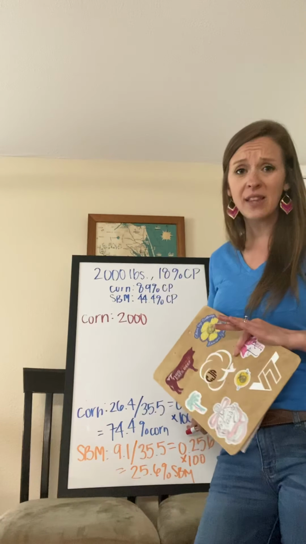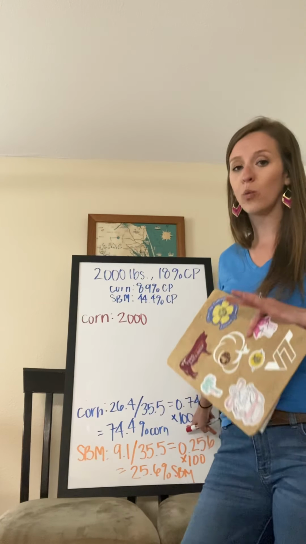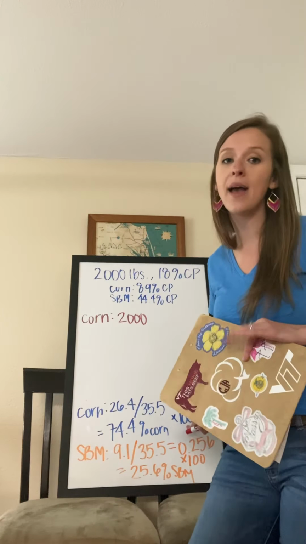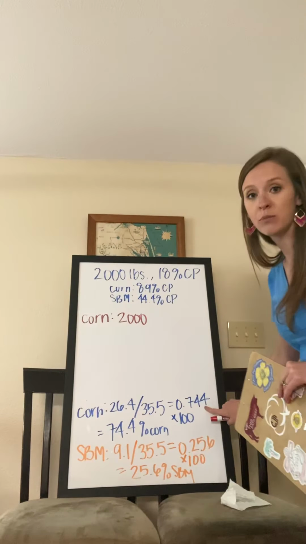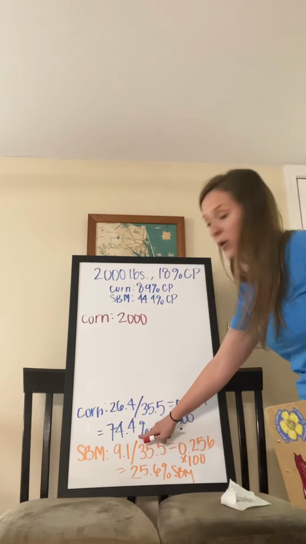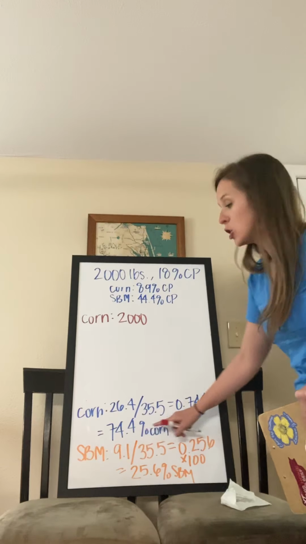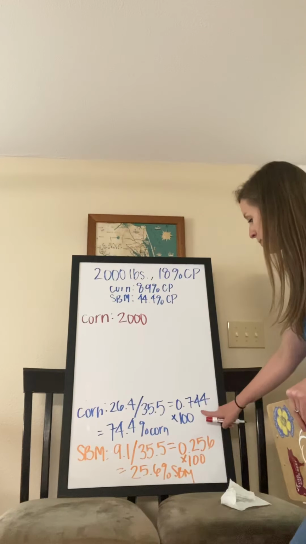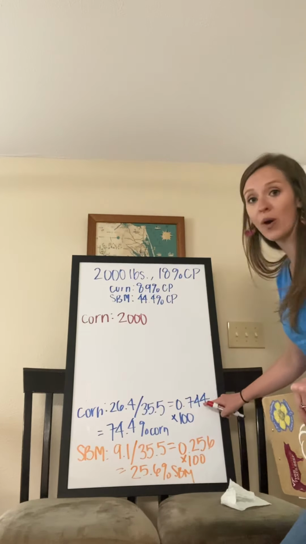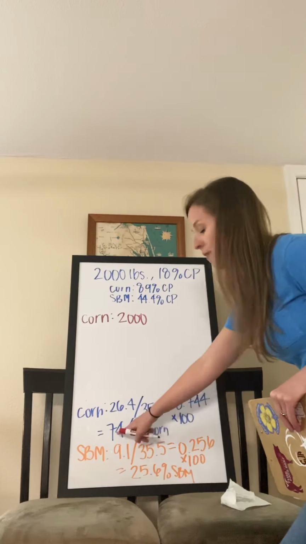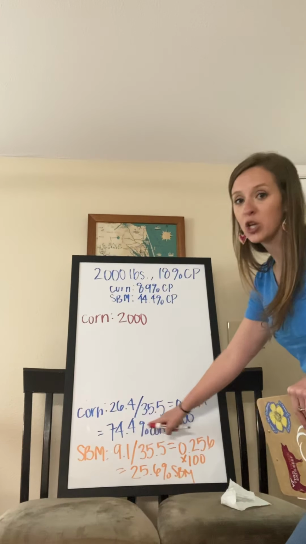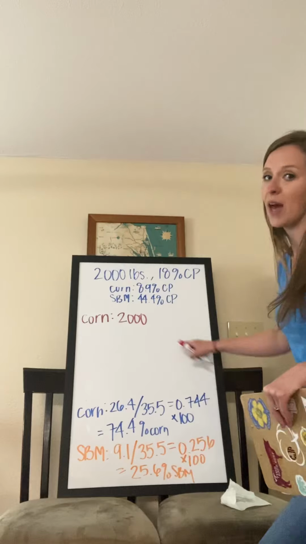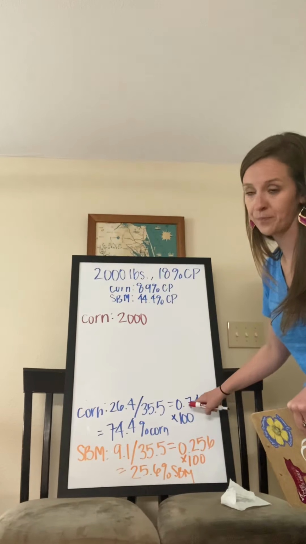But here's another thing that trips people up. We're multiplying by actually this decimal number, not the full percent. Okay, so we're gonna multiply this by 0.744, not 74.4. All right, so that's another kind of step that people tend to get mixed up.